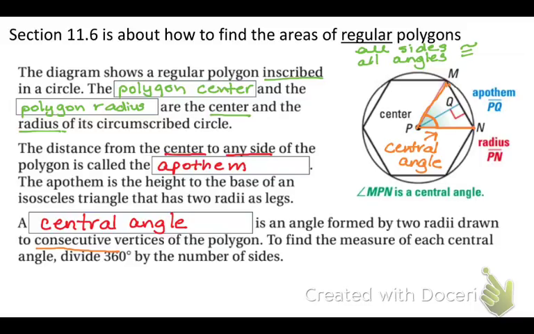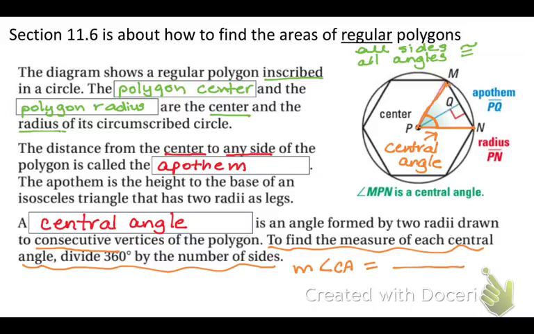So now to find the measure of each central angle, divide 360 by the number of sides. Let's write that in math talk. The measure of the central angle is equal to 360 divided by the number of sides in the polygon.